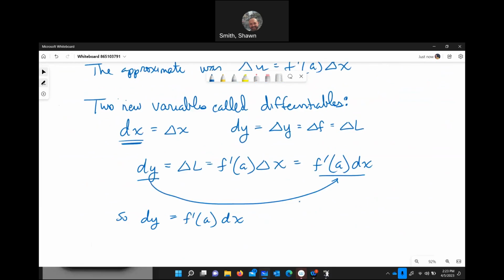You saw dy over dx before? dy over dx is the slope of the tangent line, right? It's just a different notation, which is f prime at a. That notation is Leibniz notation. That's all it is.